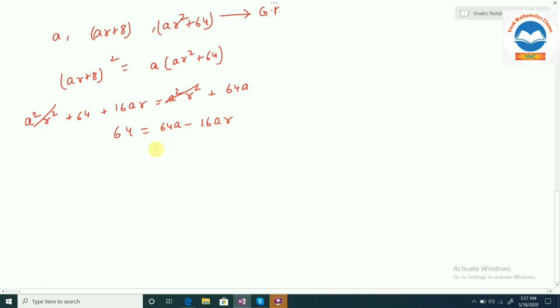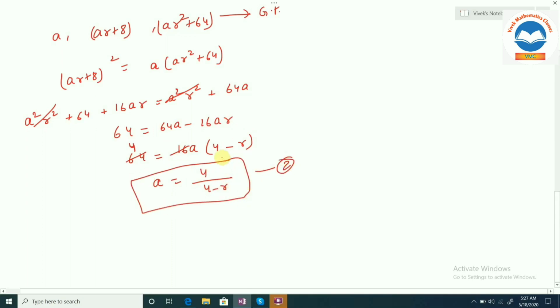If you take 16A common, you will get 4 minus R. So we can cancel 4 times, and we are getting A value as 4 divided by 4 minus R. This is our equation number 2.